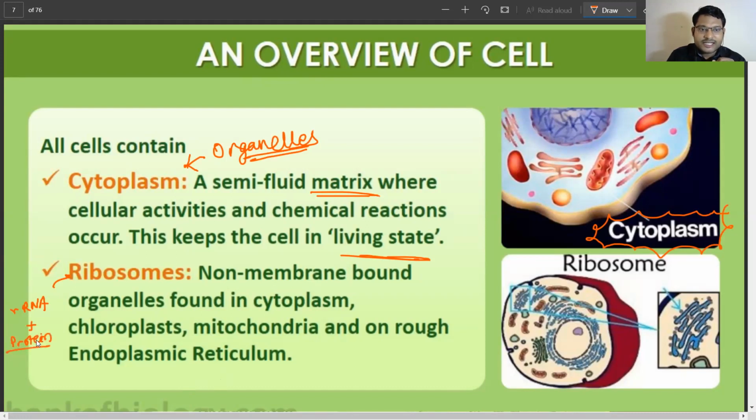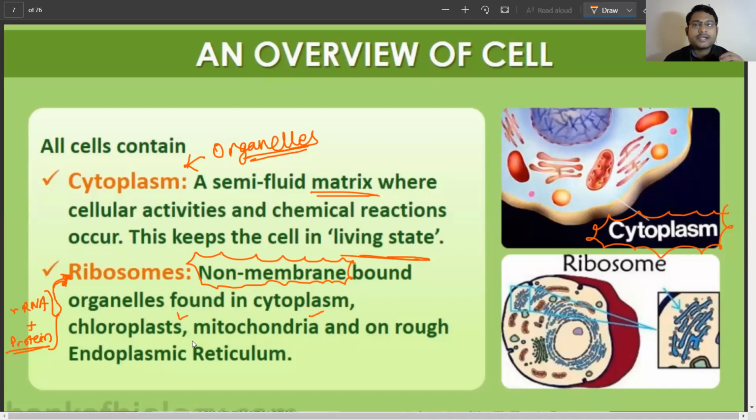These proteins and rRNAs form the ribosome structure, and remember, they do not have any sort of membrane. They are present within the cytoplasm and also in chloroplasts and mitochondria, and also on the RER, the rough endoplasmic reticulum.